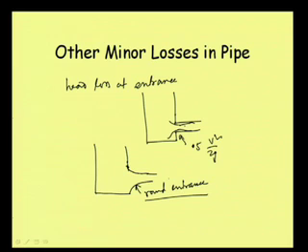Well, then we can have some other losses, like loss due to obstruction. Obstruction means the fittings.